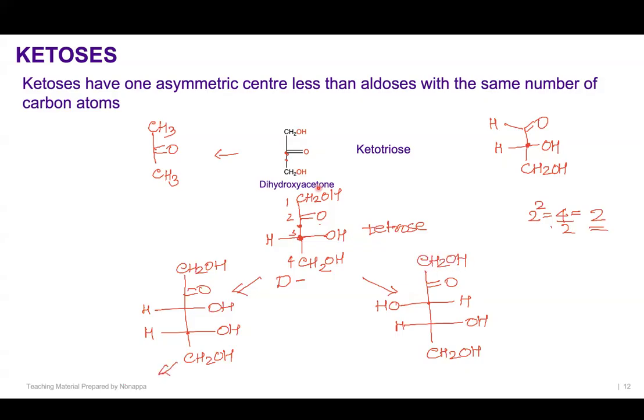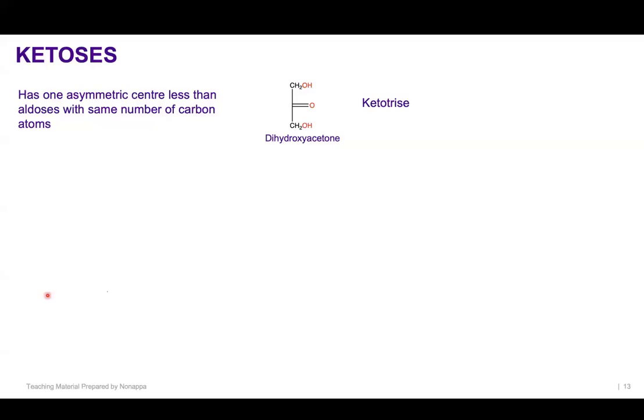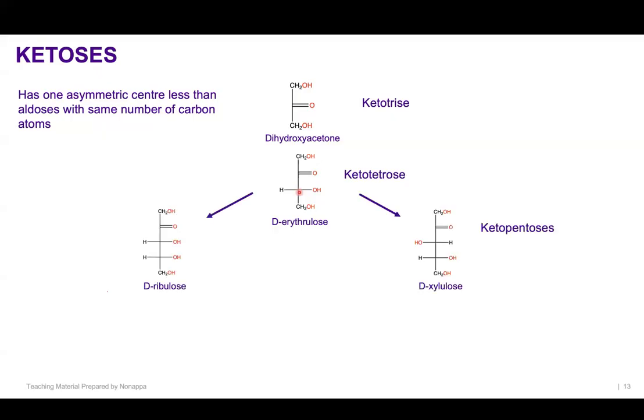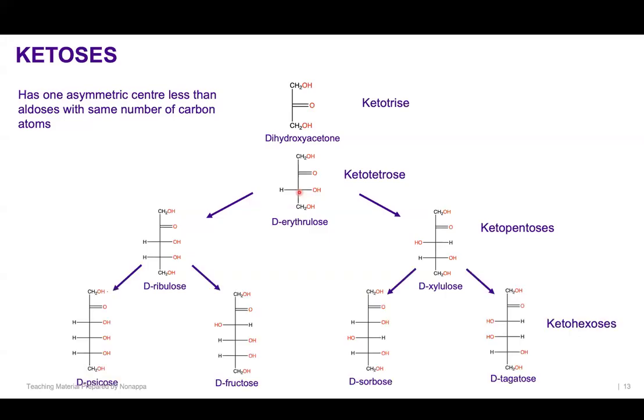The same way, we can do this for each of them. So we have seen how to write and extend this tree, and we can look at it here. As I said, the new chiral carbon comes here, and then the next are the ketopentoses, 2 of them, and then we have hexoses.